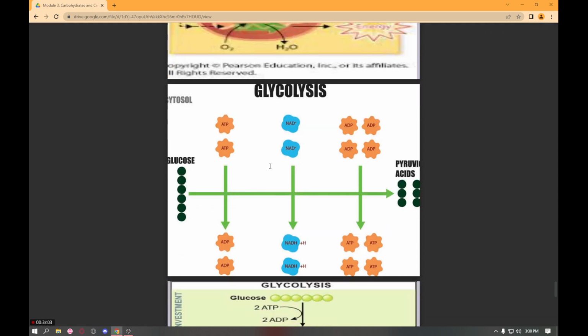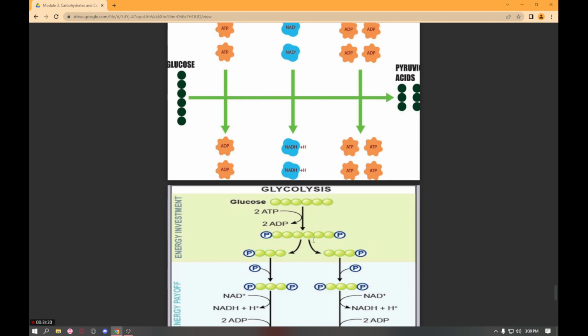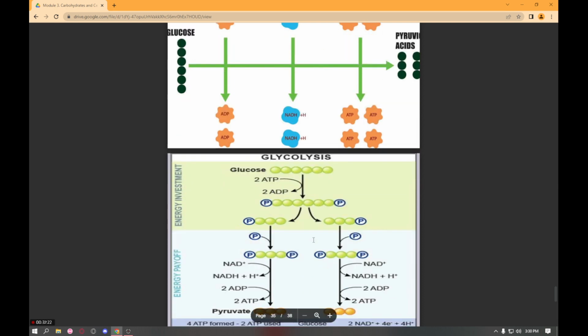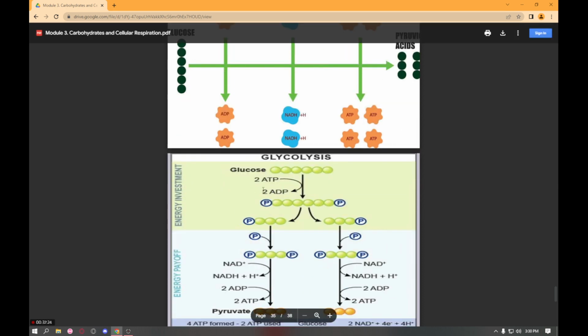Then it goes into the mitochondria along the matrix to perform this Krebs cycle. It needs to produce more ATPs, so it goes inside the inner membrane. Ito, titingnan natin to class ha.